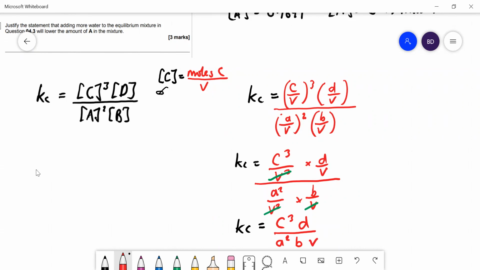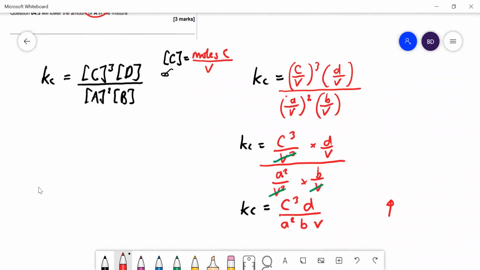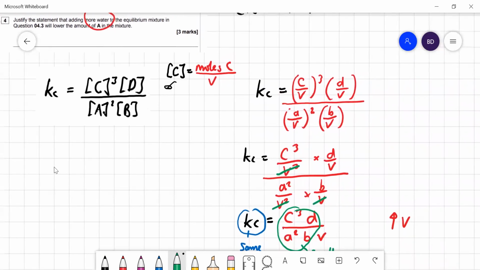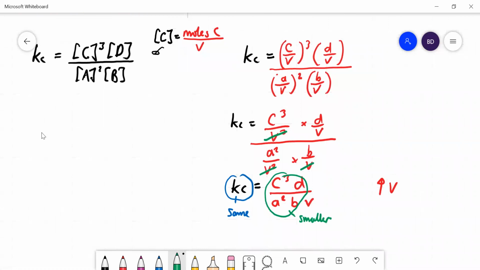Now the question says if you add more water, so that means we are going to increase V. V is going to get bigger. Kc is going to stay the same. So to keep it the same, if V gets bigger, this fraction has got to get smaller.